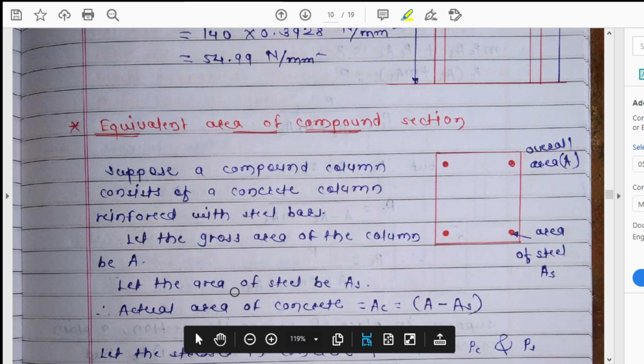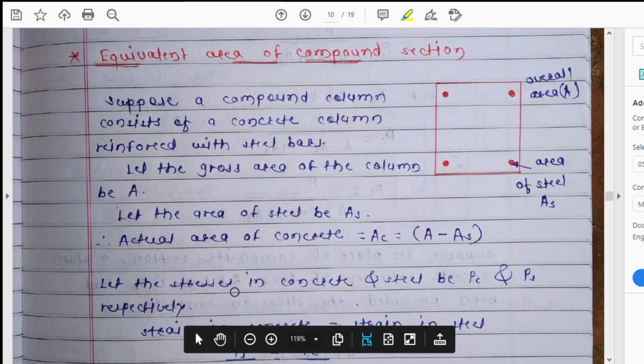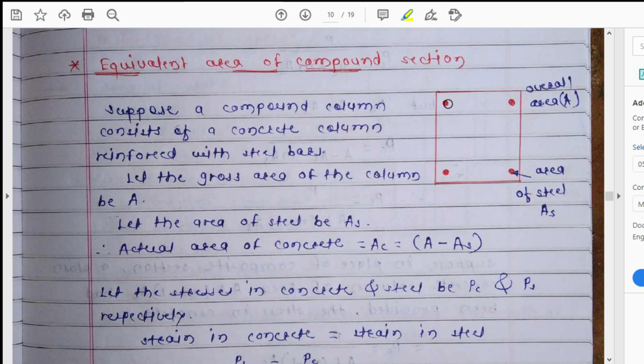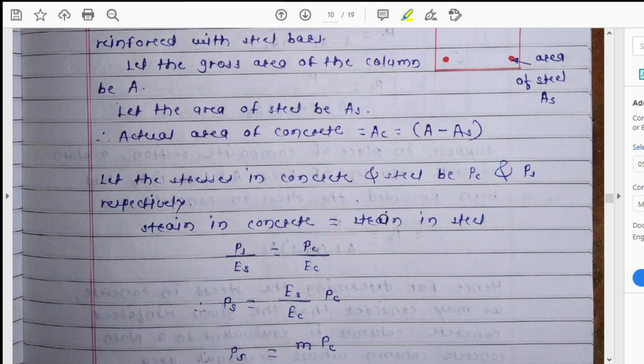Okay, now the next part is equivalent area of compound section. Here a compound column is given which consists of a reinforced steel bar. The overall area of this is capital A, and the area of steel will be AS. So the actual area of concrete will be AC equals A minus AS.